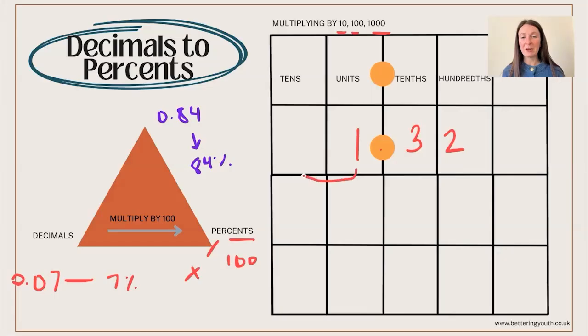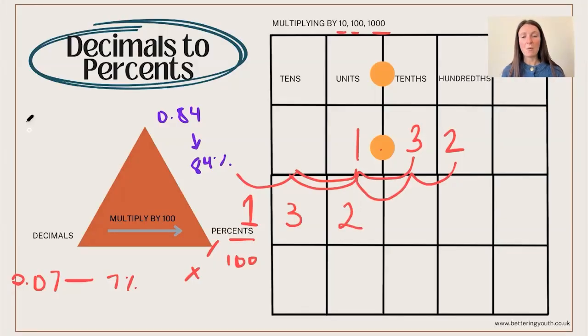So I'm moving my 1 from my units, and it's going to land in my hundreds column. I'm going to grab my 3 from my tenths over the decimal into the units, landing in my tens column. And I'm grabbing my 2 from my hundredths, moving it from the tenths over the decimal into the units column.